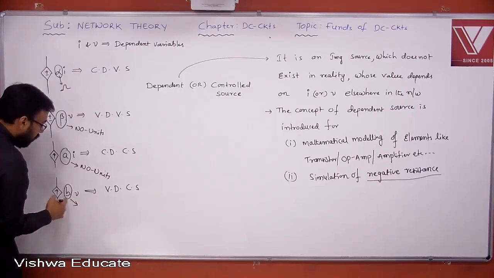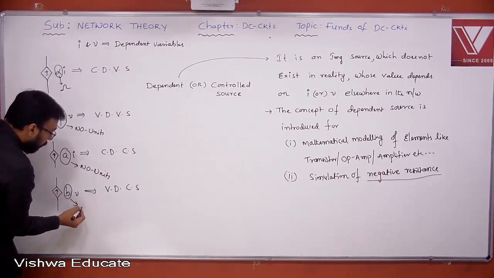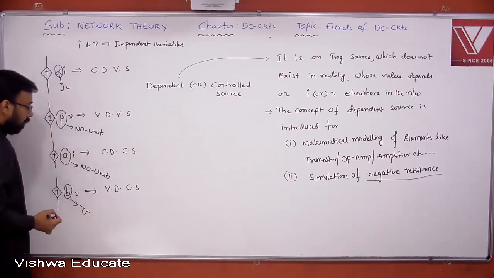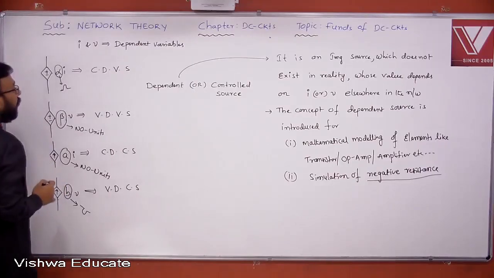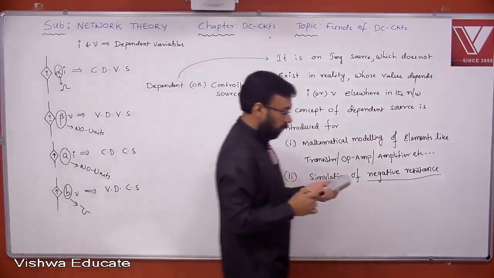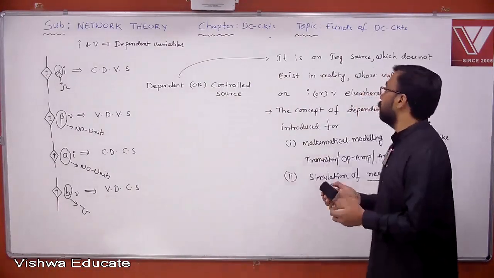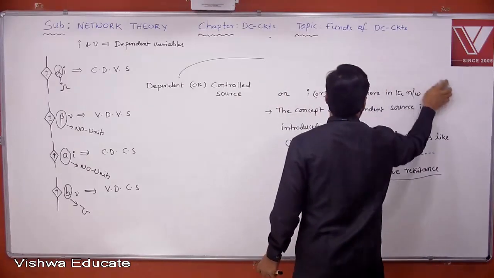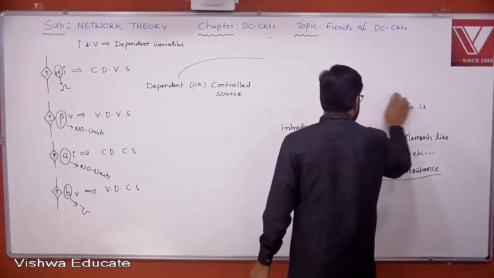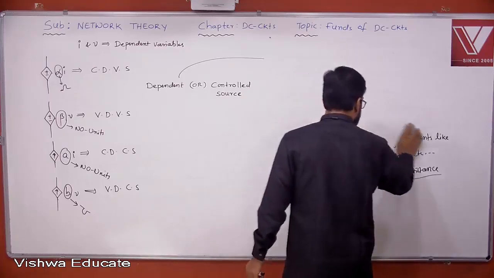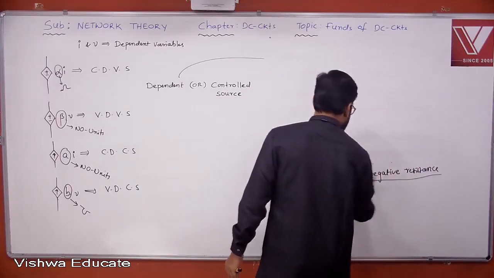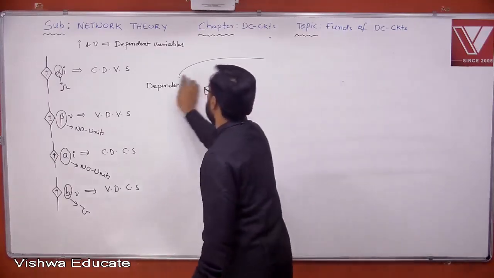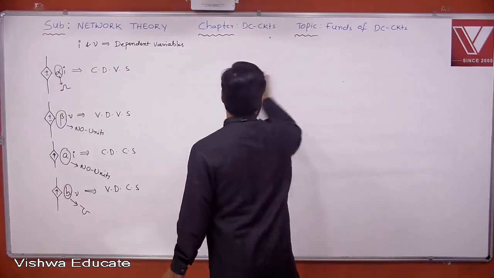Already this is current, but already voltage is there. Therefore, this is Siemens or Mho. Okay. Note down that quickly.